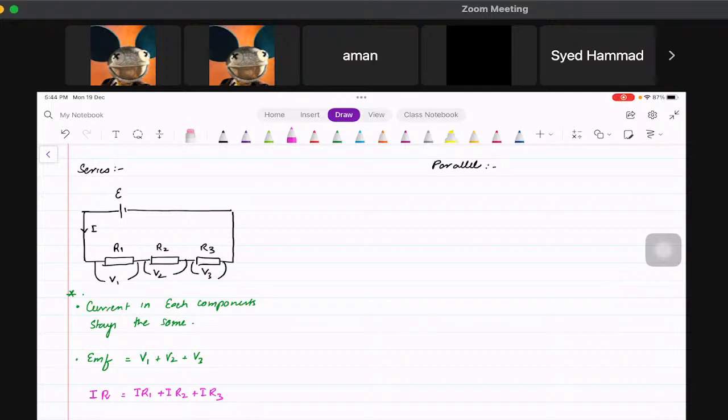Now, for a parallel circuit, each branch is dealt with separately.